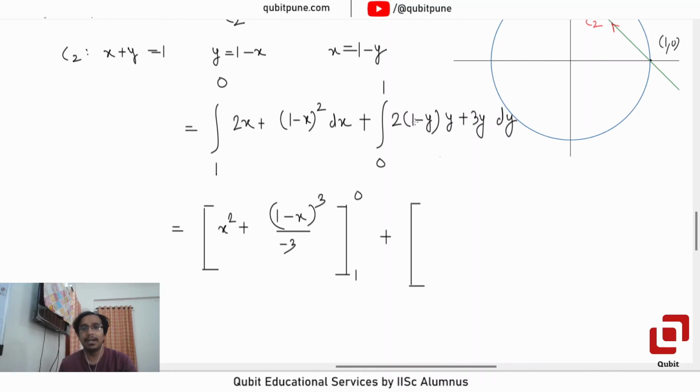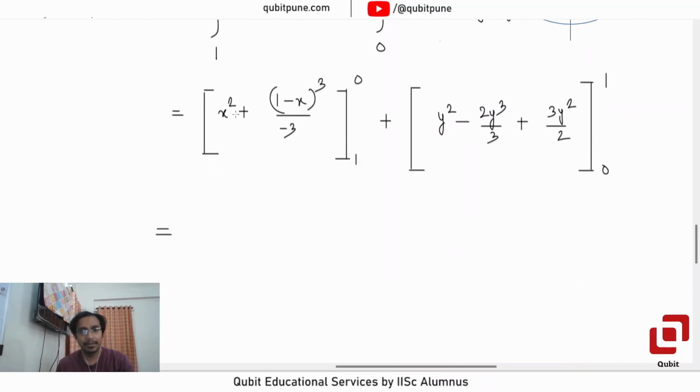If we multiply it by 2y, first term will be 2y, whose integral will be y squared. Then we have minus 2y squared, whose integral will be y cube by 3, so minus 2y cube by 3. And this is plus 3y squared by 2, going from 0 to 1.